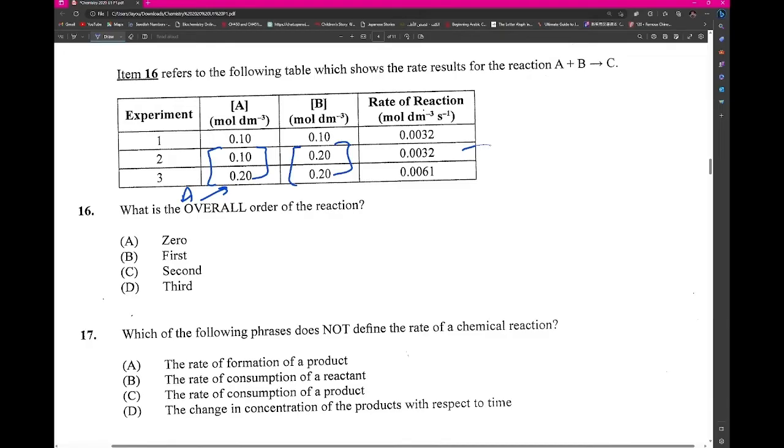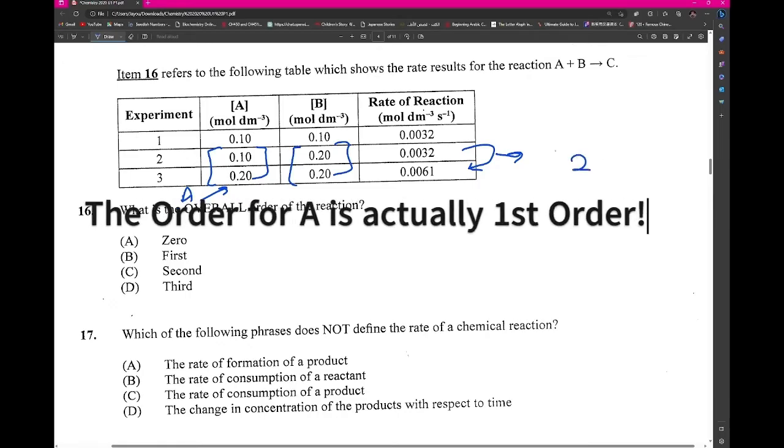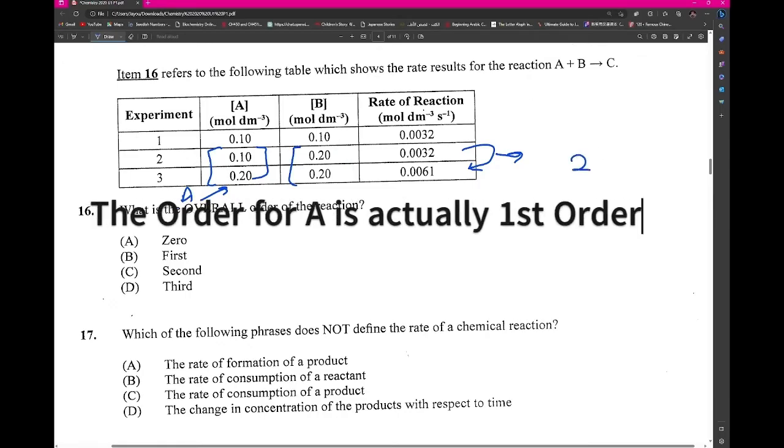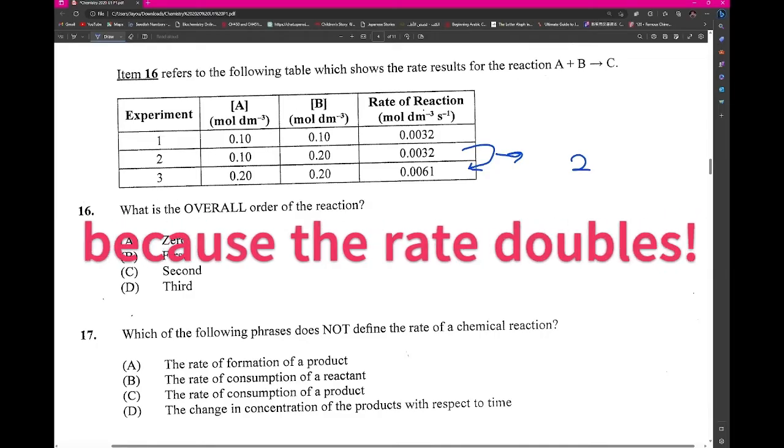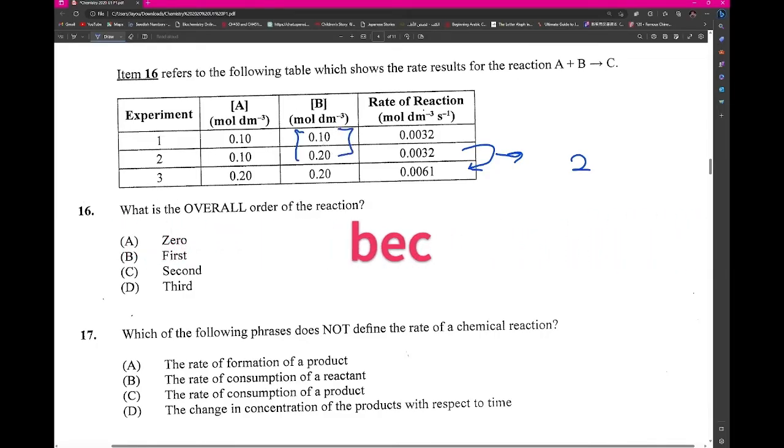Alright, so here we're going to have this being double because after a while I just figured out that something's not working here. Right, so we have to look where A differs and B remains the same. So we would have this doubling, so the reaction is second order with respect to A. My bad. I hope I didn't scare anybody there. And with respect to B, right, it has to be changing and A remains constant.